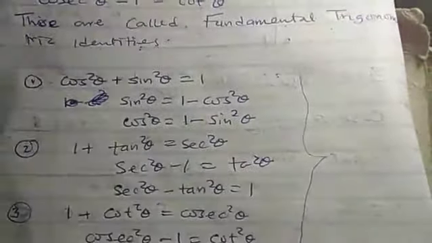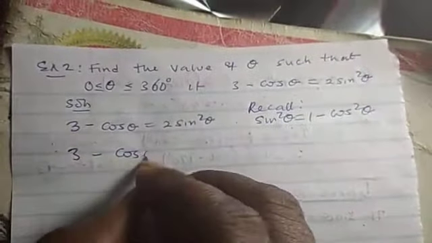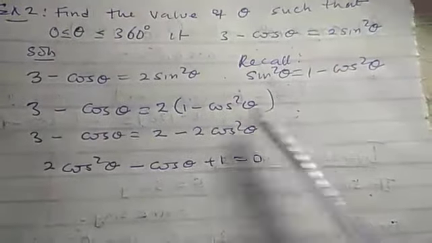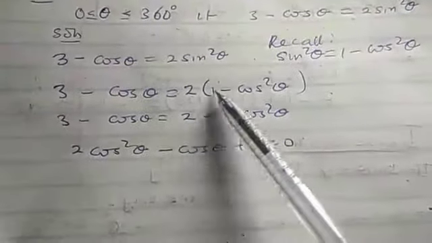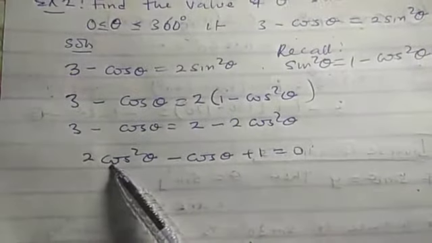Cos square theta is 1 minus sine square theta. So in that case, I will substitute it here so that I will have 3 minus cos theta is equal to, this is our sine square theta now. If you expand, you have 2 times 2 cos square theta. Now, if you rearrange, minus 2 cos square theta, when it comes here, it becomes plus 2.